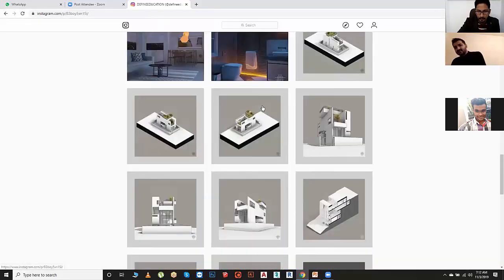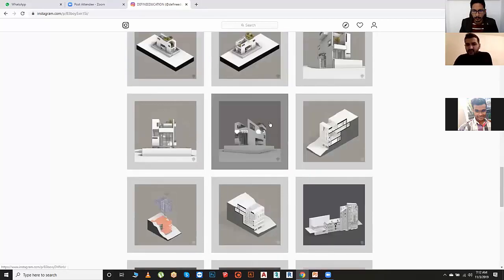So this is one method how you can get work from different people or different countries. We present a lot of works here, and a lot of people contact us, saying they want this model in Revit, or this model rendered, or drafting work. Every day a lot of people write to us asking about 3D models, BIM models, and whatever else.